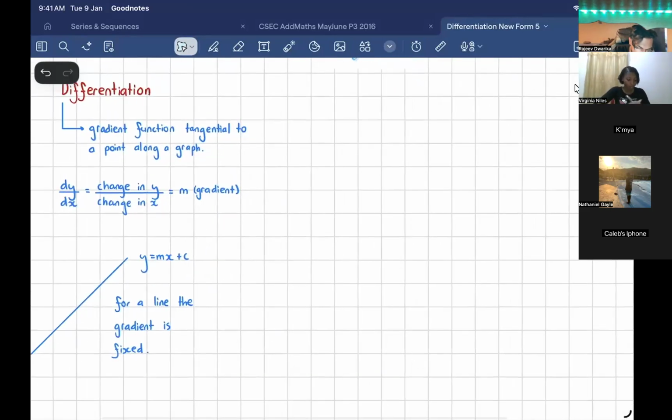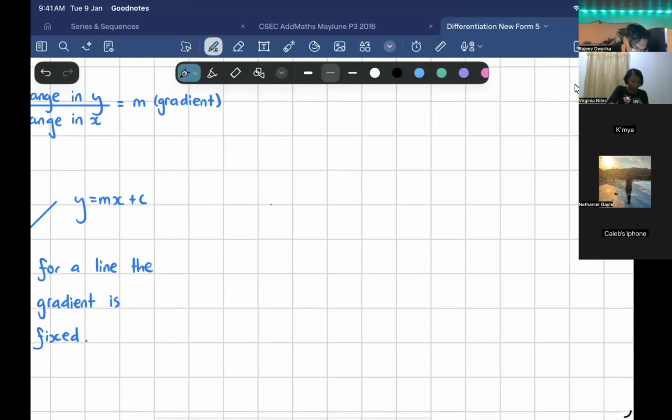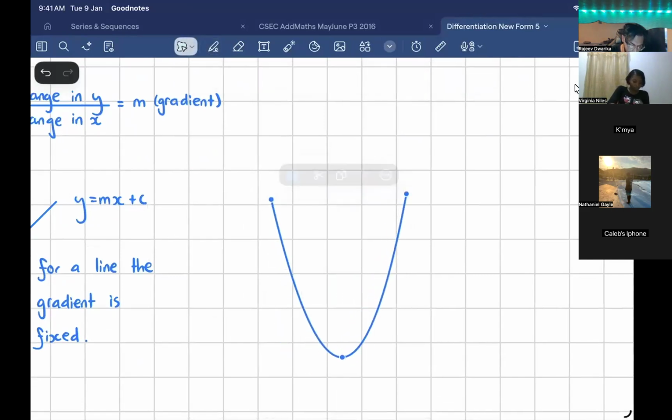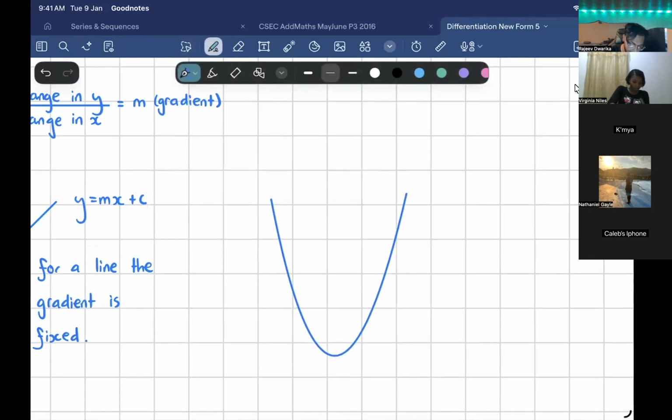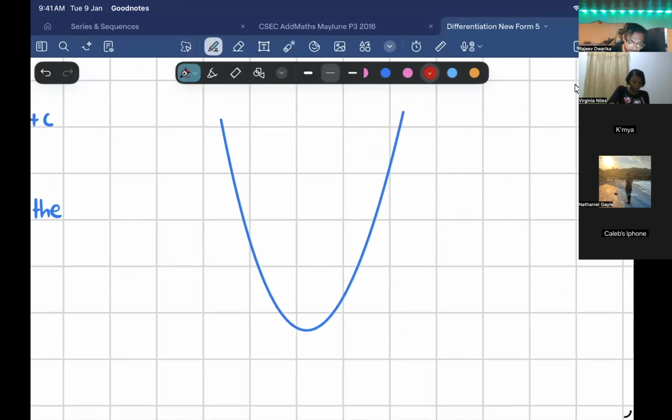Yes, sir. Okay. Let's say, for instance, we had a curve now. In regular maths, I'm not sure if you guys would have learned this, but let's say you wanted to find a gradient at this point over here. How would you do that in regular maths? We use the same formula.